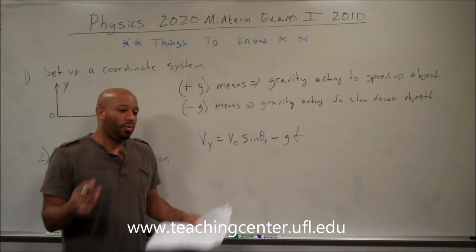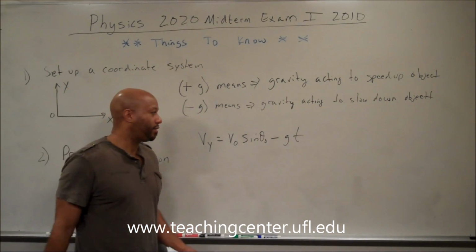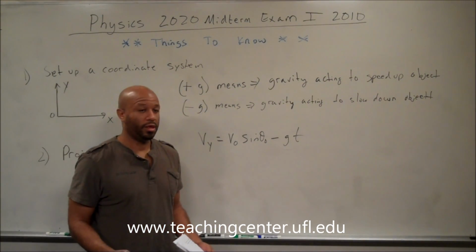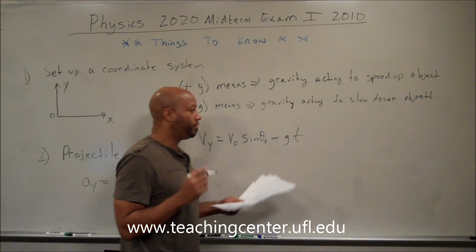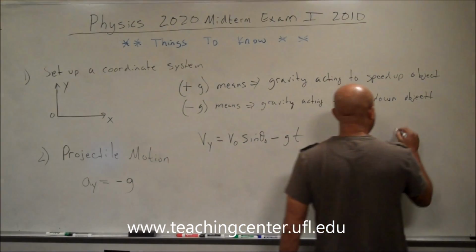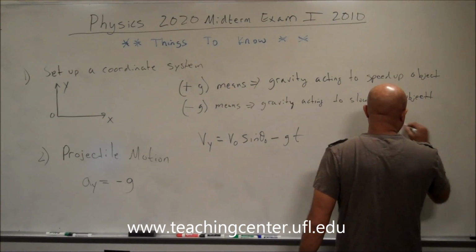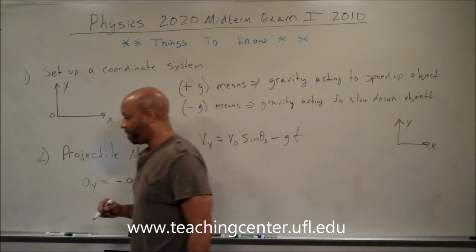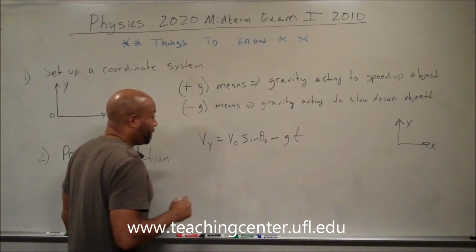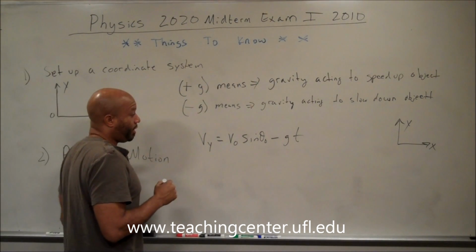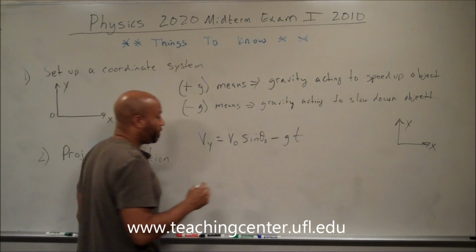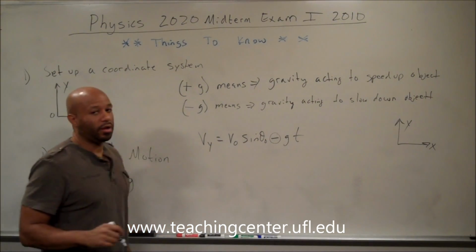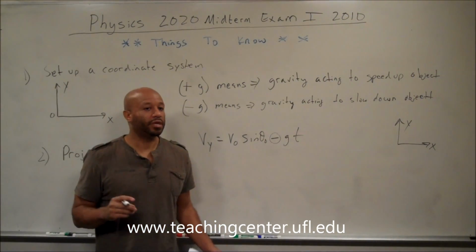Now, what you need to know is that this equation is true, but it assumes that we have our coordinate system defined in this way. If we do that, this equation already takes into account decelerating an object for negative gravity.